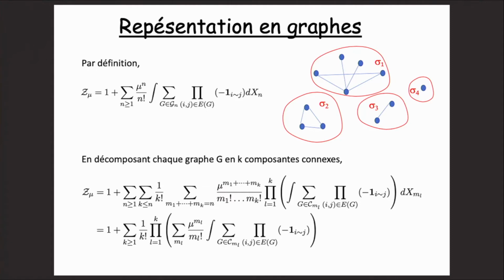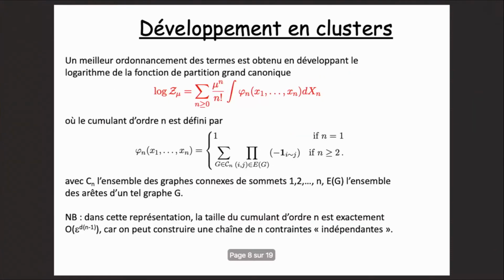And then here you recognize this expansion with the 1 over factorial k of this term, which is of course something to the power k, and so this is the expansion of the exponential. So this tells you that Z mu is the exponential of this, and that's exactly what I told you on the previous slide.